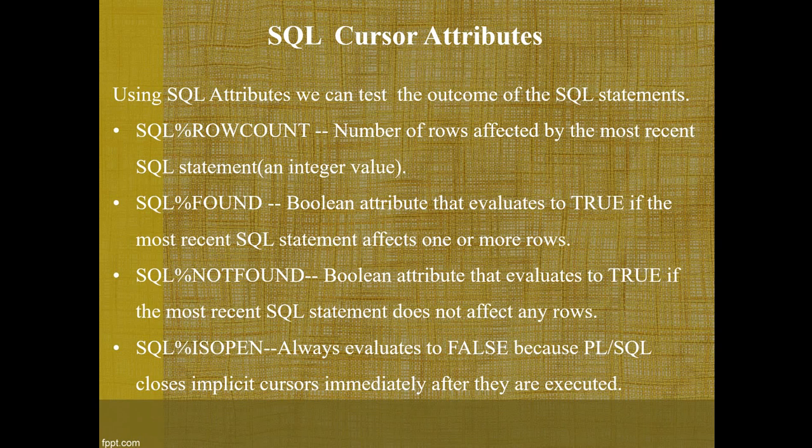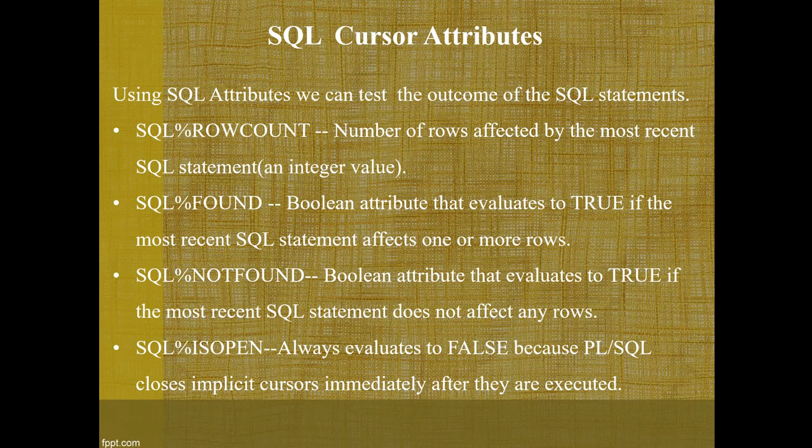The third one is %NOTFOUND. It just works opposite to SQL%FOUND. It's also a Boolean attribute that evaluates to true if the most recent SQL statement does not affect any rows. And the last one is %ISOPEN. SQL%ISOPEN always evaluates to false in implicit cursors because PL/SQL closes the implicit cursors immediately after they are executed.